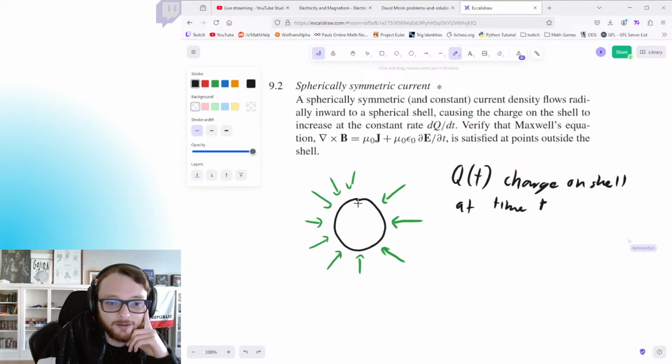And we're working outside of the shell, in that box there. So as far as that box is concerned, it's just a point charge with whatever amount of charge Q. And that's increasing at a constant rate, dQ/dt. I'd expect dE/dt to then also be some kind of constant, I guess.